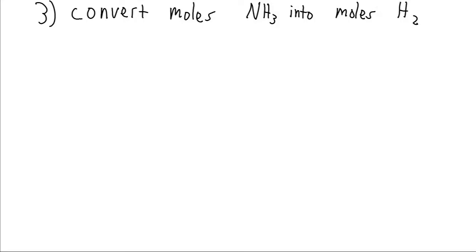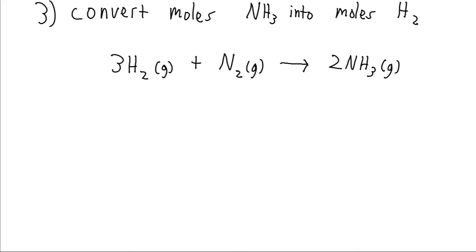Now we have our balanced reaction. We have our quantity of moles of NH3. We're ready to do some stoichiometry and convert our information about NH3 into information about H2, the other substance in the reaction. So we're going to need to use our equation to get the coefficient that we need. So we see that for every 3 H2 molecules involved in the reaction, 2 NH3 molecules are also involved.